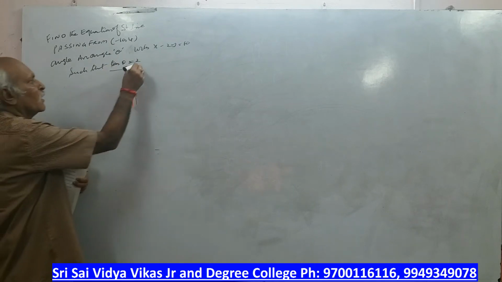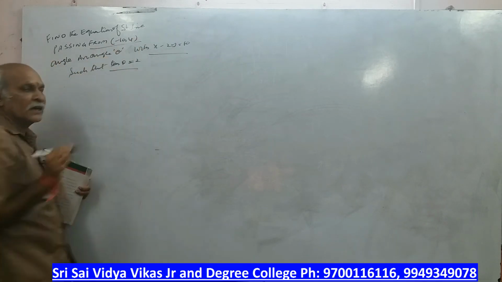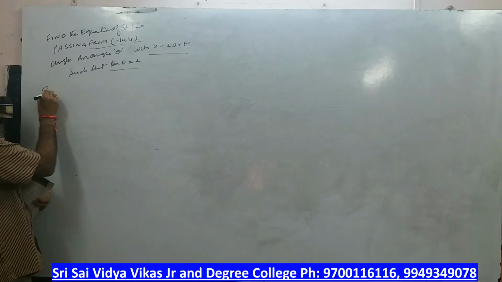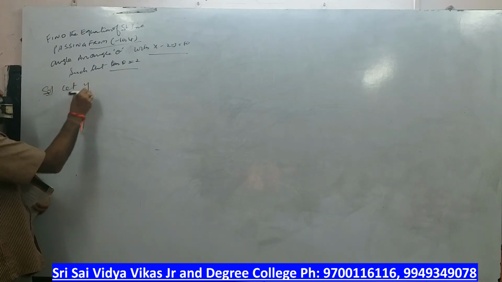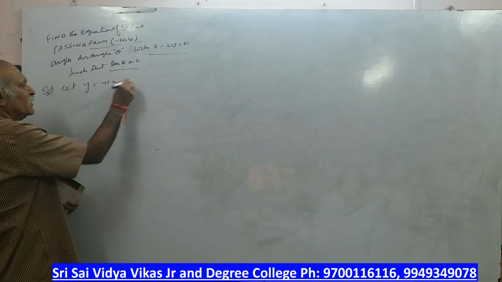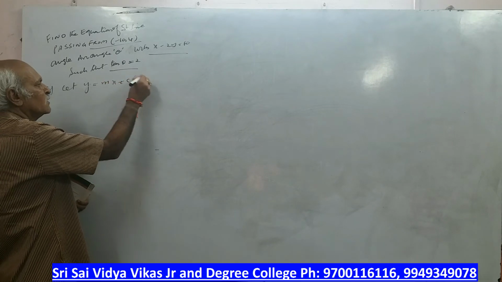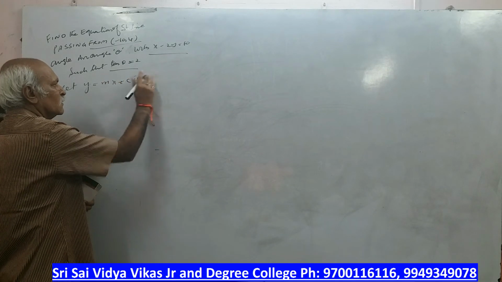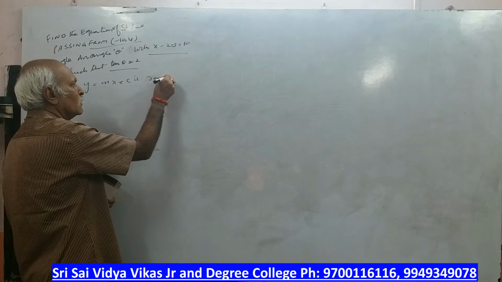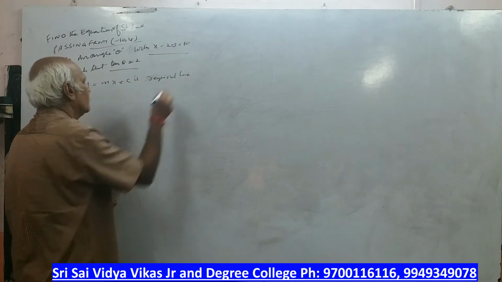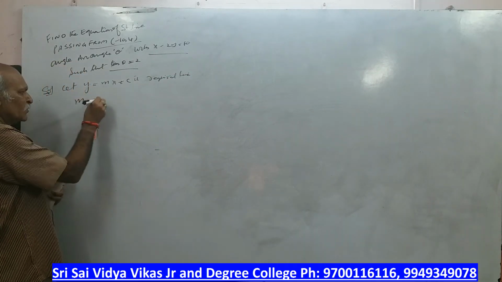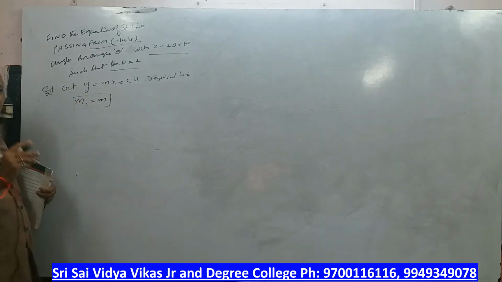Observe here, I am underlining, this is given. Okay, solution. Let y is equal to mx plus c be the required line, where m1 is equal to m, similar to the previous problem, same model, sir.